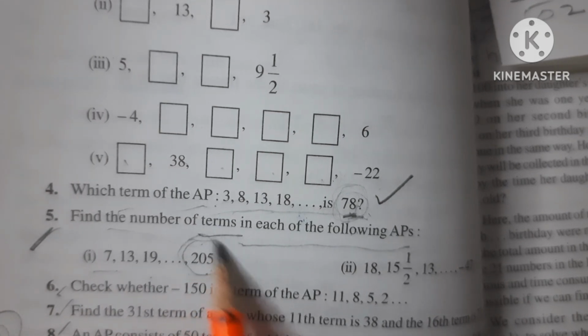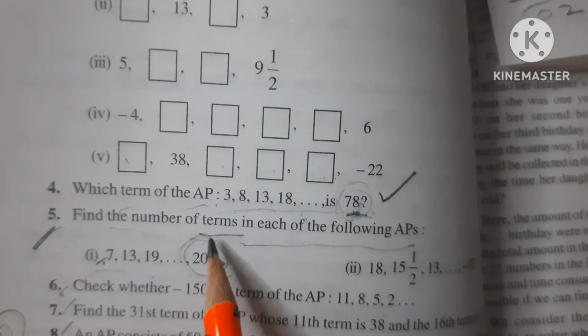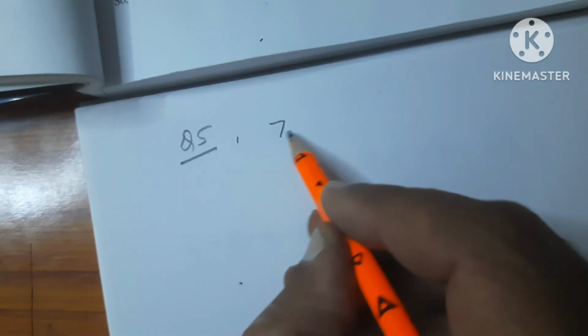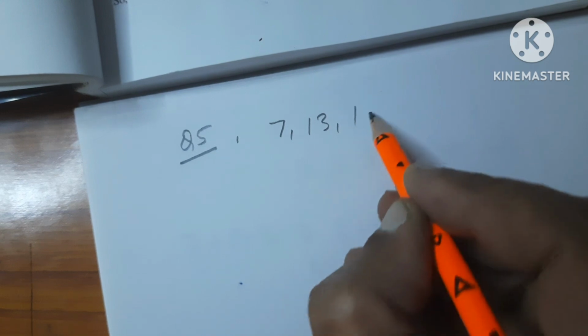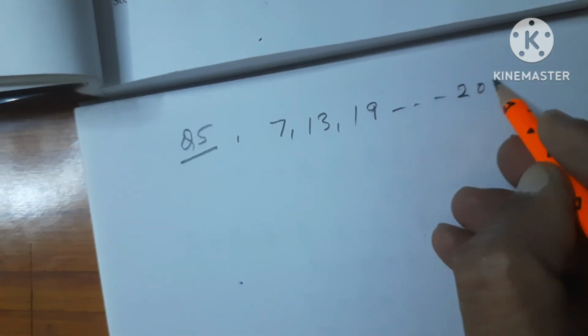This is An, this is your A, D we can calculate. So understanding of the basic terms is very important. The series is 7, 13, 19 and so on, up to 205.